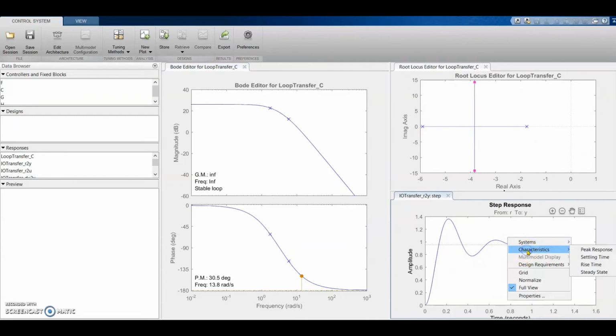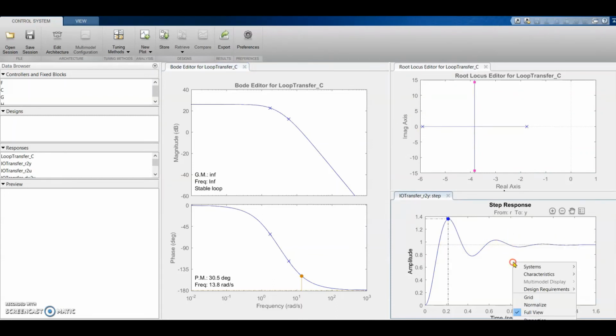So I am seeing all the characteristics: peak response, settling time, rise time, and steady state. If I go to steady state, it is showing a value of 0.952.